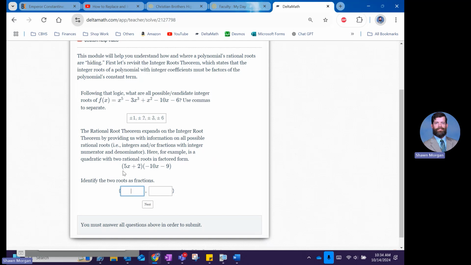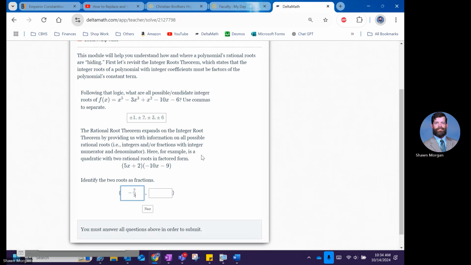It says identify 2 roots. So what would it be? Negative 2/5. And what's that going to be? Add 9 divided by negative 10, so negative 9/10. Oh, that's an example, isn't it?